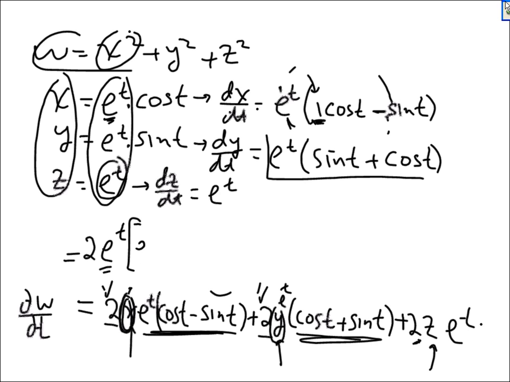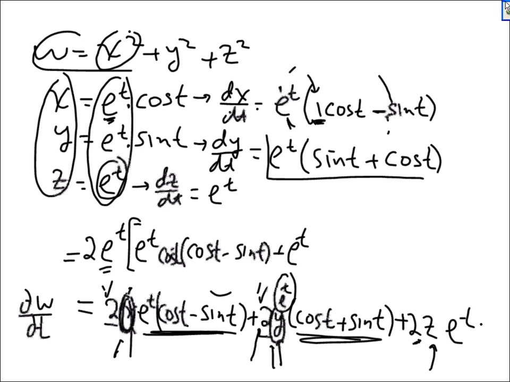I have this left, e to the t, cosine t minus sine t, times the part of the x I didn't write, which was cosine of t, plus. I wrote down the 2. I'm going to write down the e to the t. Part of the y I wrote down in front. I wrote down the e to the t, but I didn't write down sine of t.